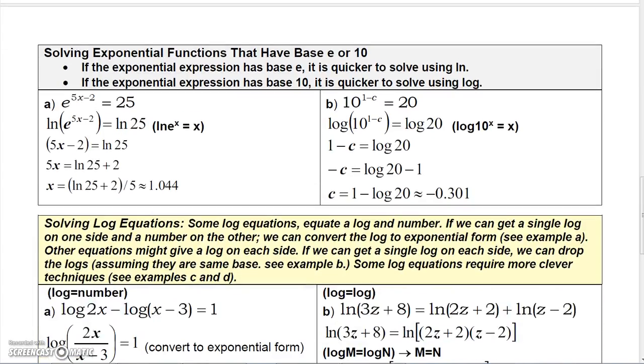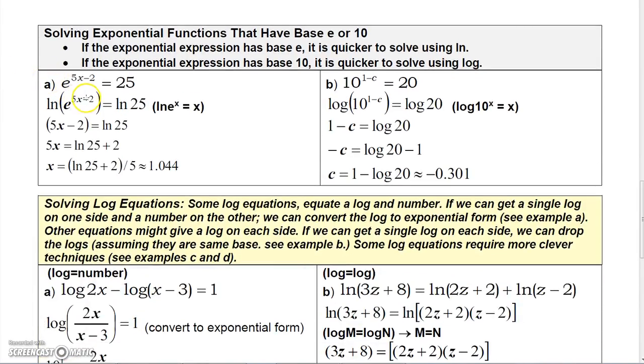Alright, now as I said a while ago, it doesn't matter whether you do natural log or common log, and it really doesn't matter in this case, but generally if you have a base e in your exponential equation, it usually works better if you take the natural log.